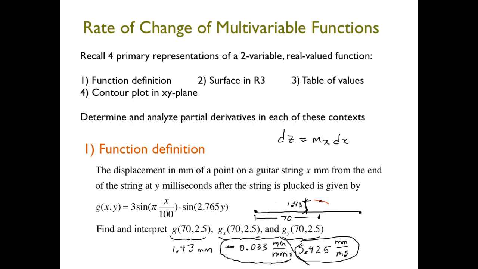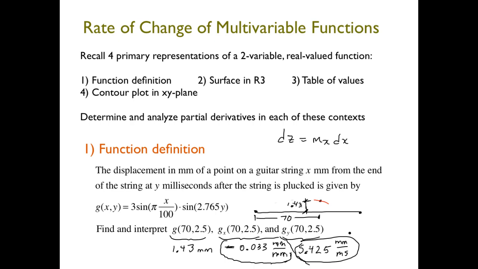Okay, what about 5.425? Somebody else? Caitlin, can you talk about what's the 5.425 mean? For every change in milliseconds, the displacement in millimeters will be 5.4 millimeters or greater. Okay, on the right track? Anyone else want to try it?